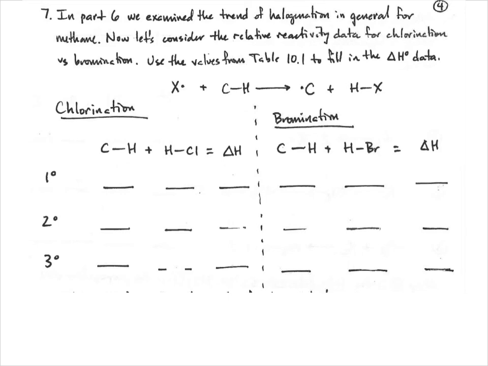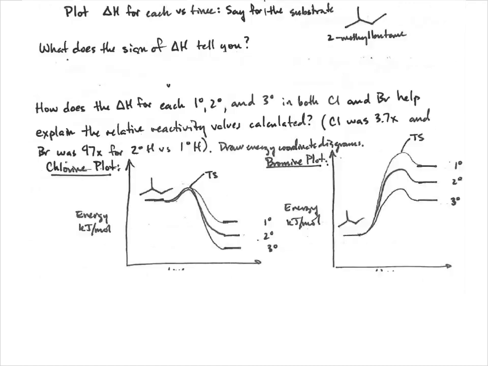So that's where this is ultimately going. We'll look at these reaction coordinates, and you'll see how they differ between chlorine and bromine. And ultimately, Chapter 10 is setting the stage for getting a halogen into a molecule that we can then use in Chapter 7 as a leaving group to do further substitutions and make other functional groups.